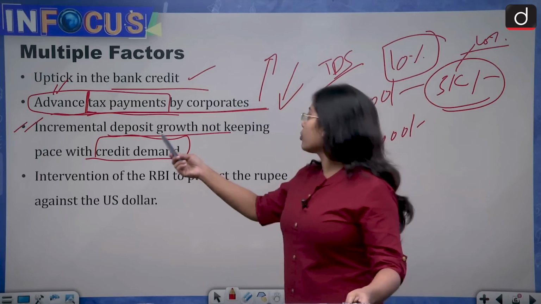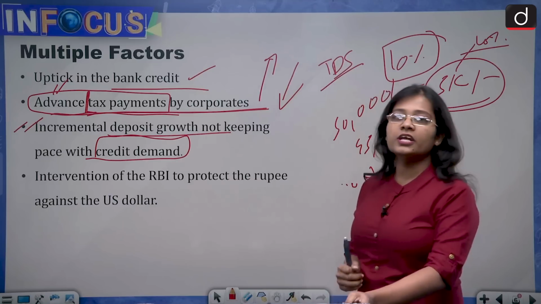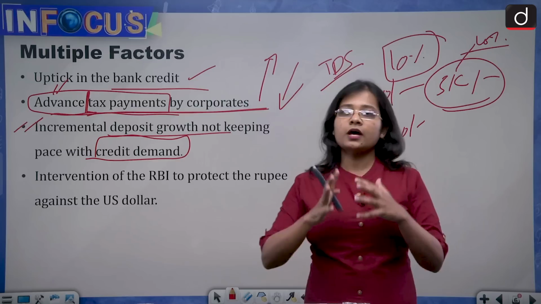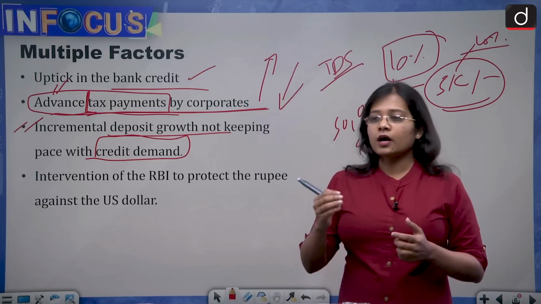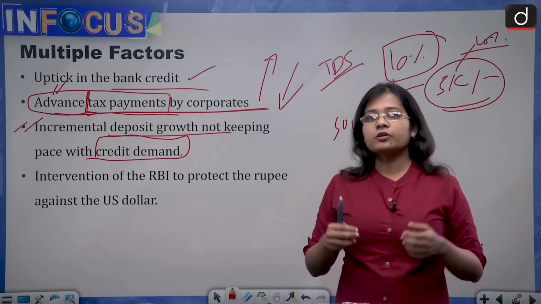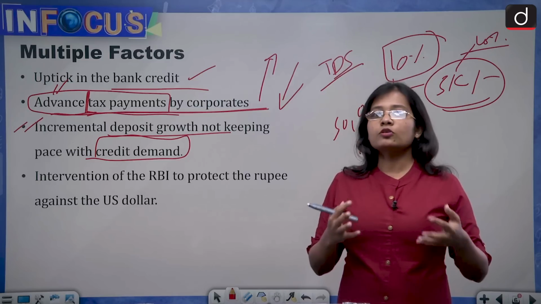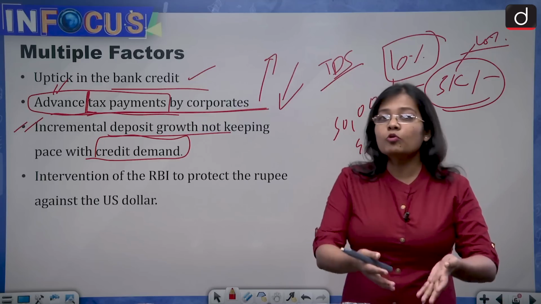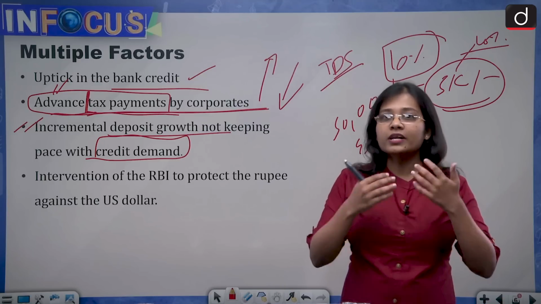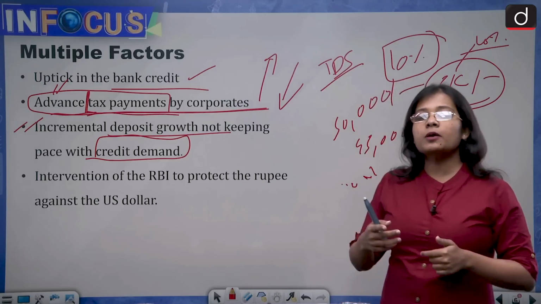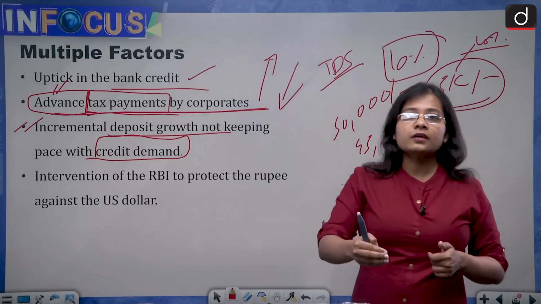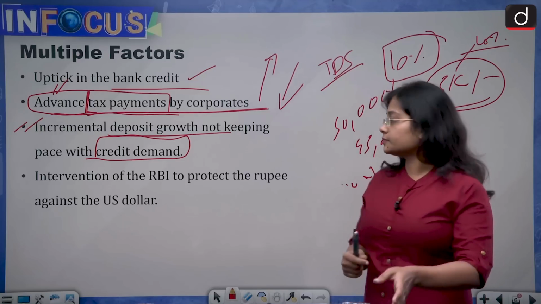Like for example, in a house, if you have earnings of rupees 10,000 but you have an expenditure of 15,000, then how will you manage? It means you are spending more than what you are earning or taking in. So this becomes a problem when your spending is more than your earning.